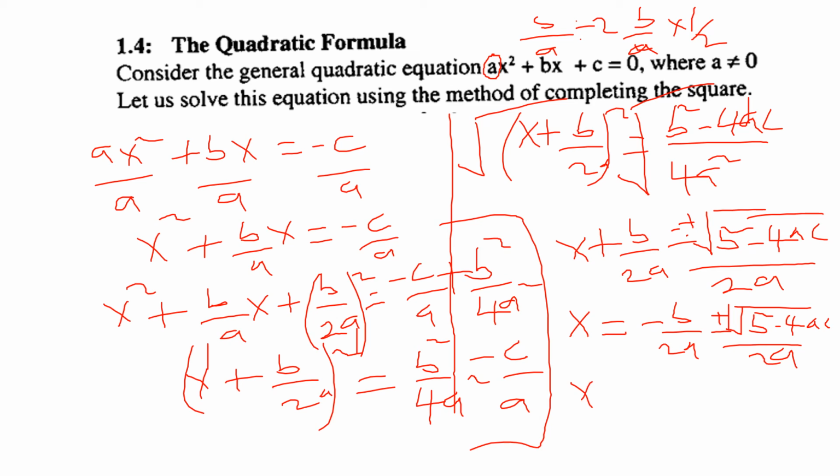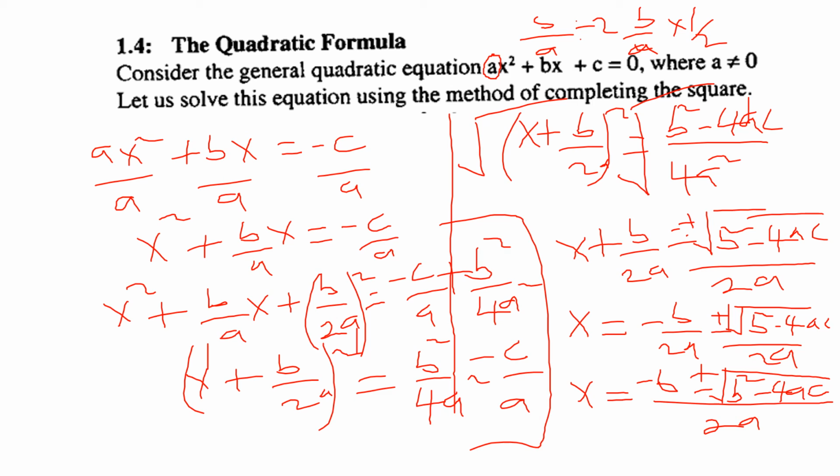The square root of that is 2a, and dividing, I'll have negative b, then plus or minus the square root of, if I divide that, I'll be left with 1, b squared minus 4ac. And that is the formula that we call the quadratic formula, which we are going to use henceforth to solve.